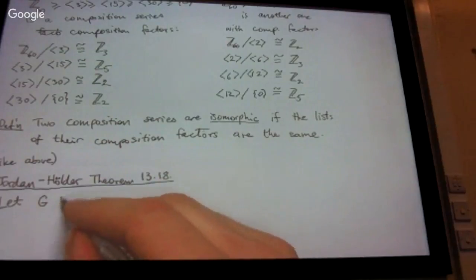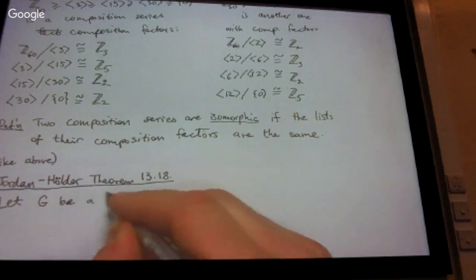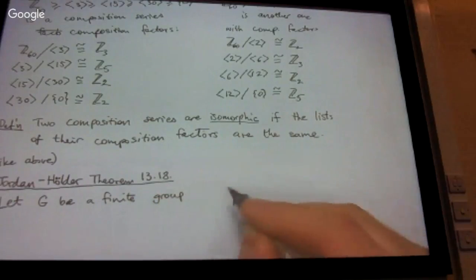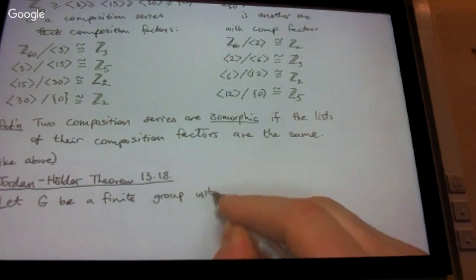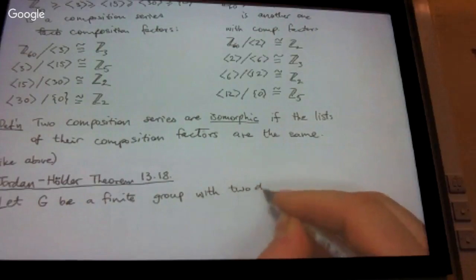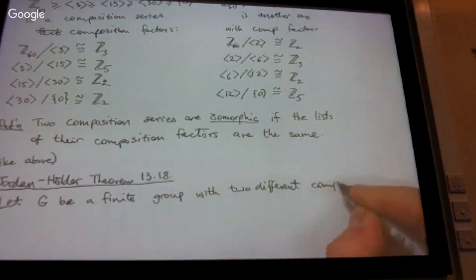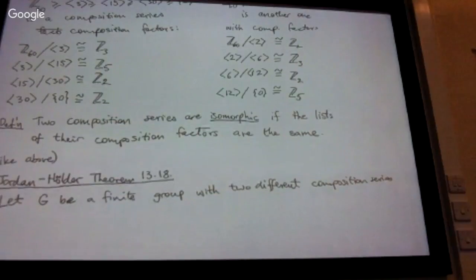So if you have a finite group, and it has two different composition series.